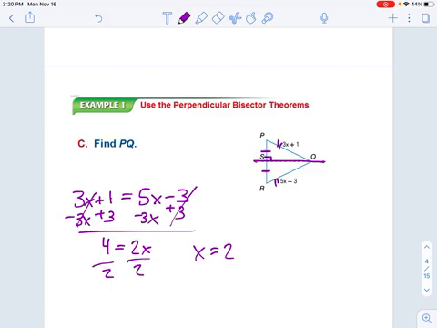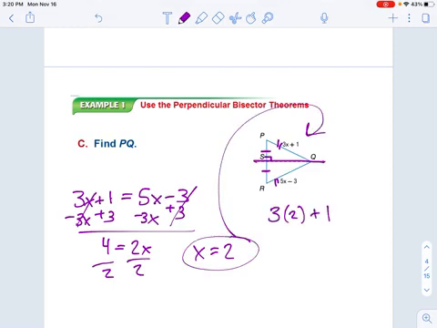So x equals 2. Plug that back in for PQ to finish solving. And PQ must equal 7 units in length.